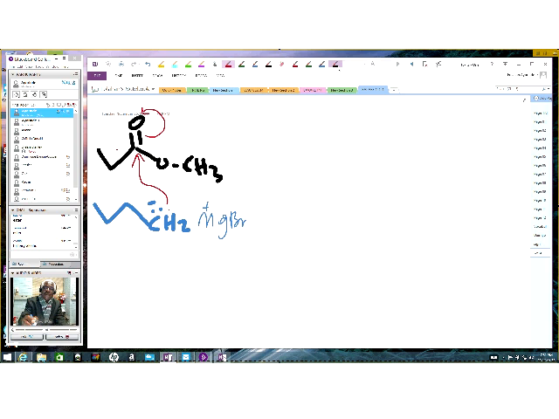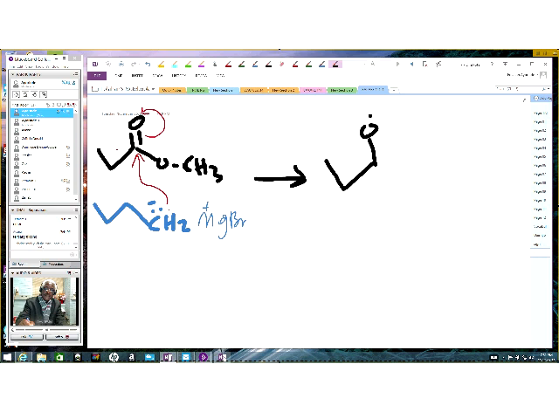Okay, so what do we have? We obtain this intermediate. Now we have the Grignard carbon right here, so the Grignard has attached itself to that.